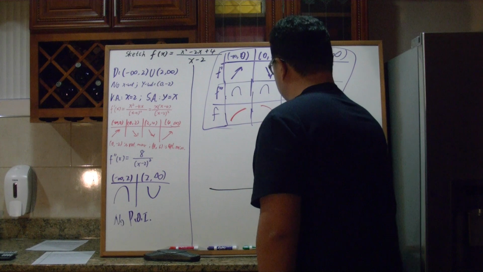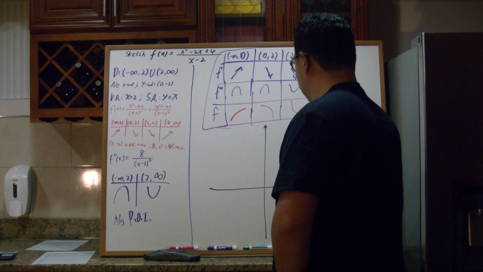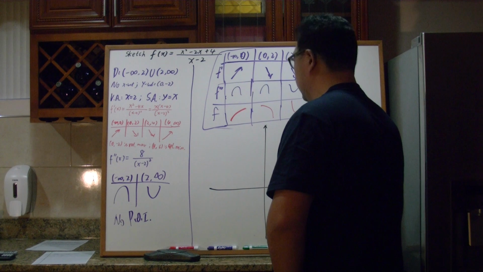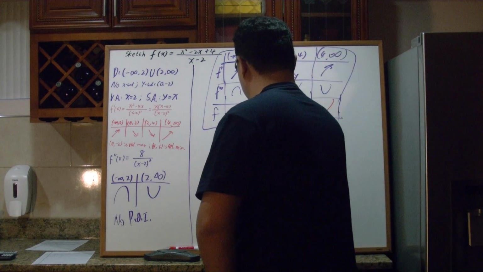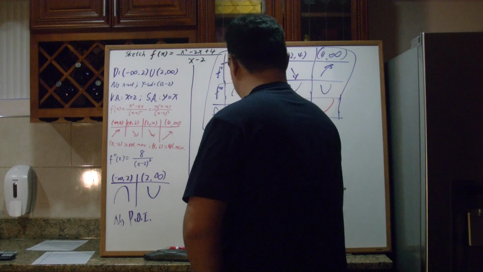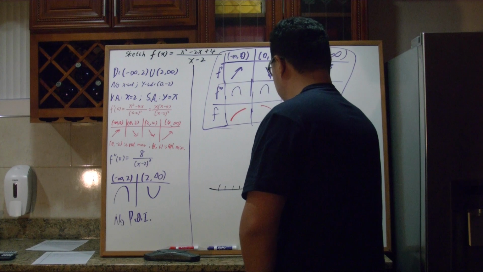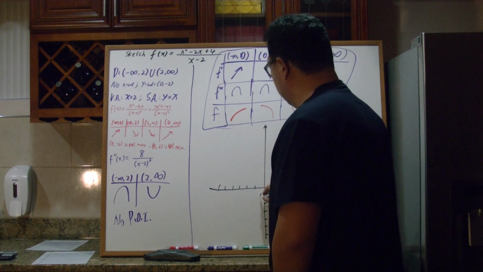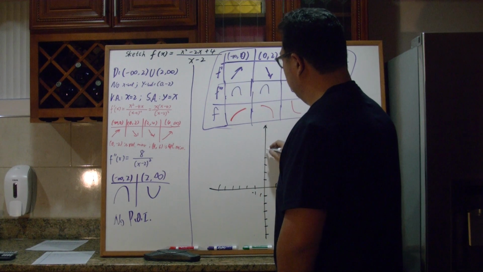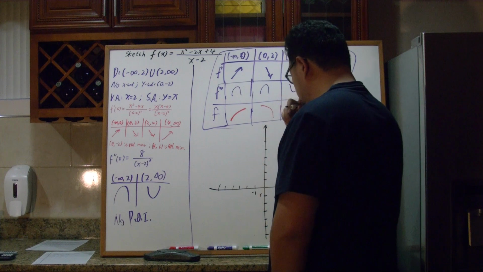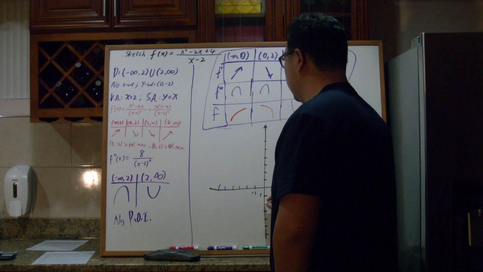So we set up the axes, numbering 1, 2, 3, 4 and negative 1 through 6, and 0 is at negative 2. A couple of special points. The y-intercept is at 0, negative 2.